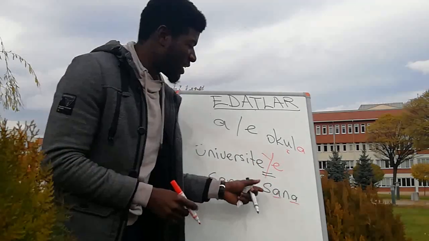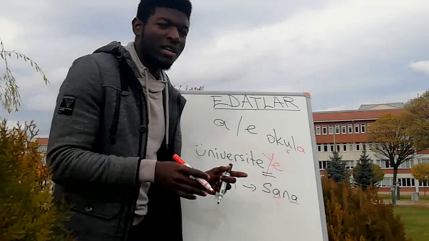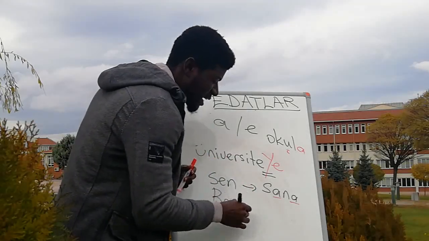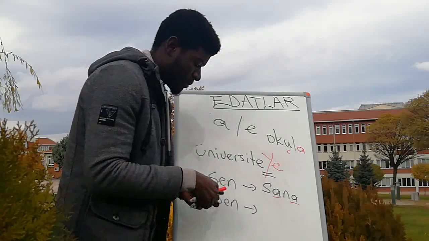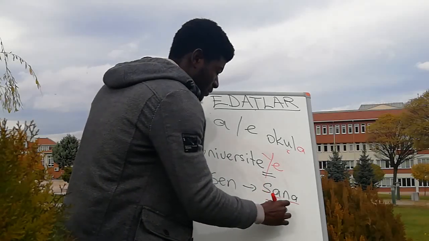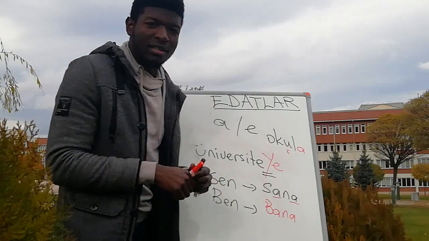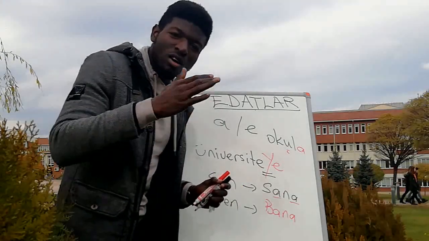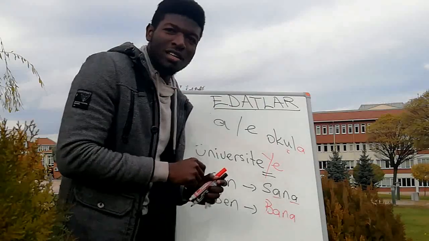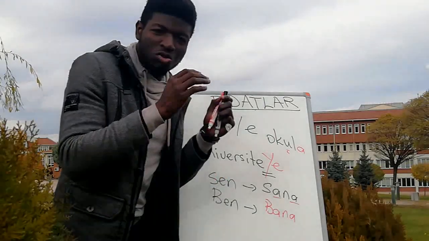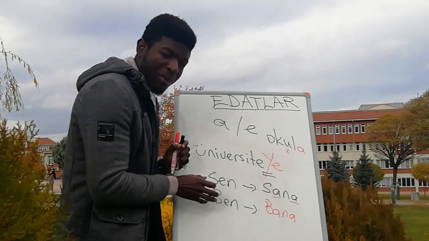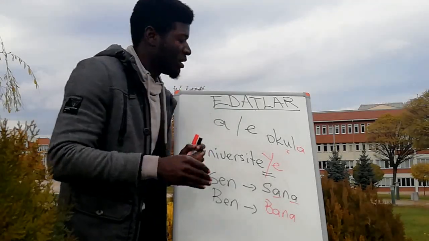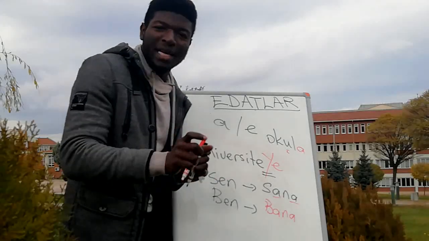You see that there is something different here, and it also goes with ben: bana. These are some exceptions. For the other pronouns, we will say bize, size, onlara, ona. So you don't have too much problem with this. Just keep in mind that if you want to say to you or at you or at me, you will be using sana or bana.